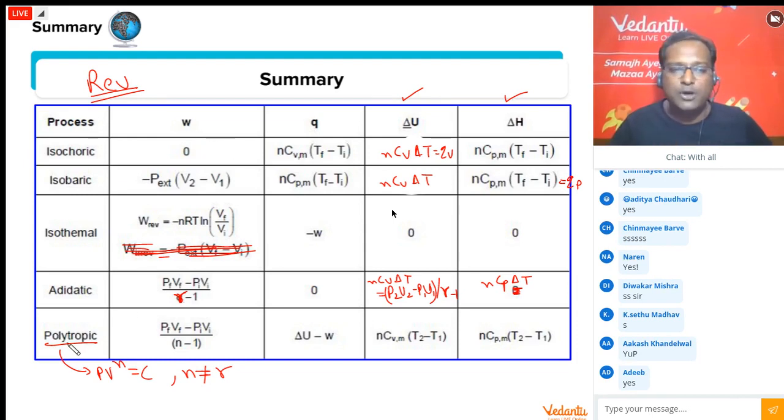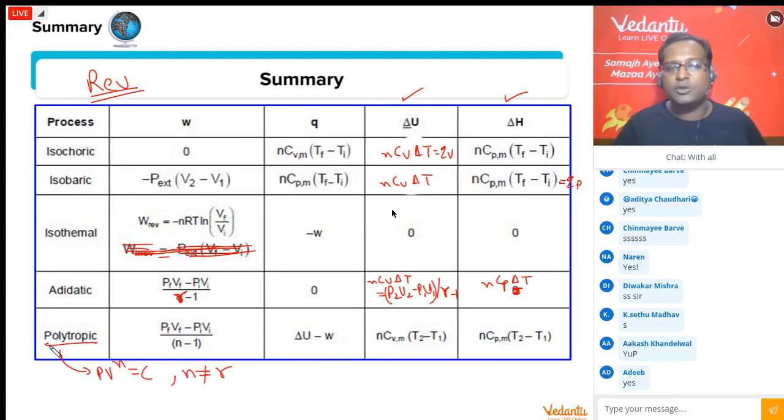Now, what do you mean by polytropic process? The gas equation for polytropic process comes out to be the same as an adiabatic process, but here the polytropic constant is n, where n is not equal to gamma. अगर n equal to gamma हो जाएगा तब तो वो adiabatic process बन जाएगा.